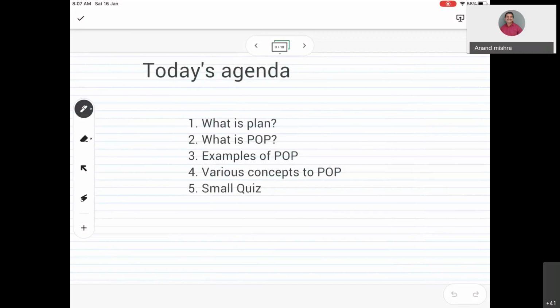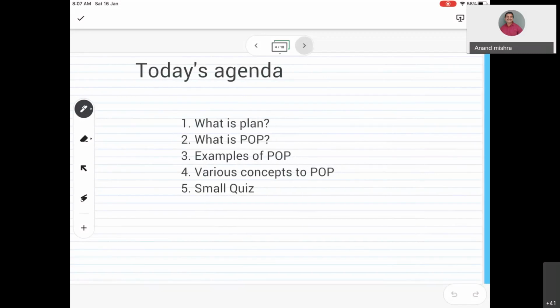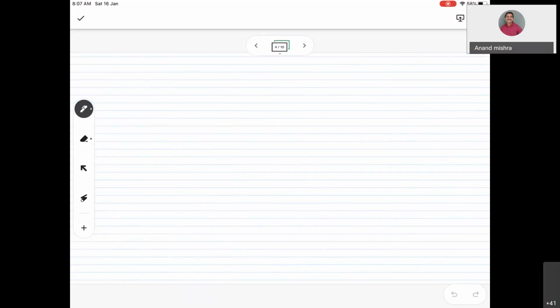All right, so let's talk about partial order plans. But before that, let's go back and understand the representation of actions itself. Let's try to formally write it.